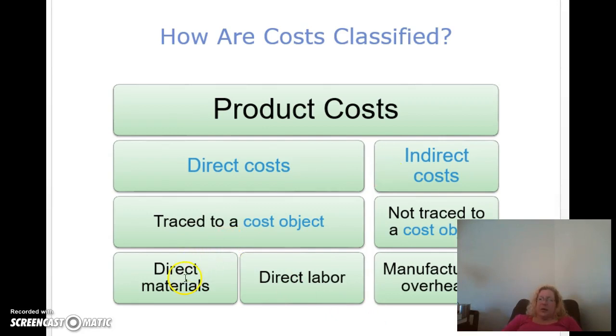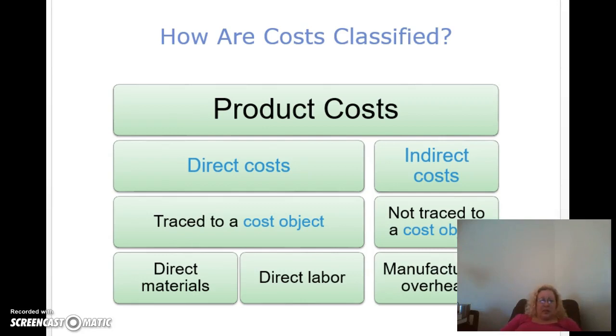Everything else that's not direct material and not direct labor, we're going to classify as manufacturing overhead, things that cannot be traced to a cost object directly, but in some way they are necessary and indirectly affect the product.